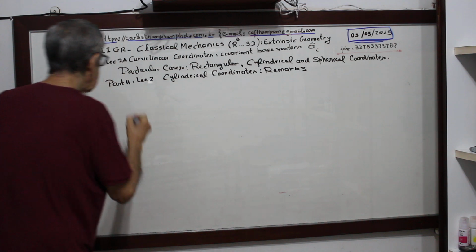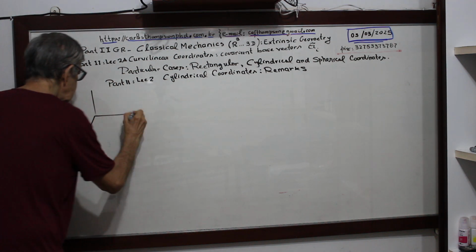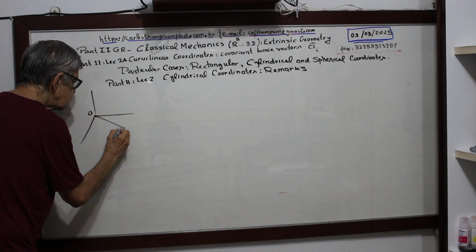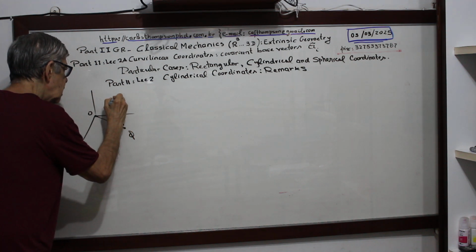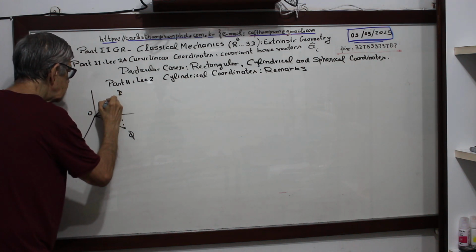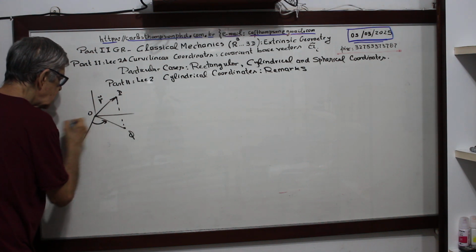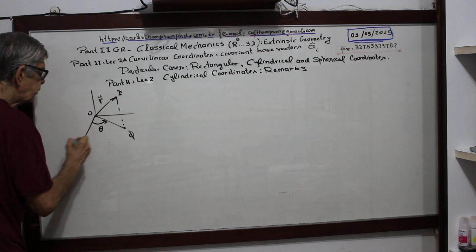You see here, cylindrical coordinates, that's orange. This is my point Q. This is my point P. This is R. This is the polar angle theta.